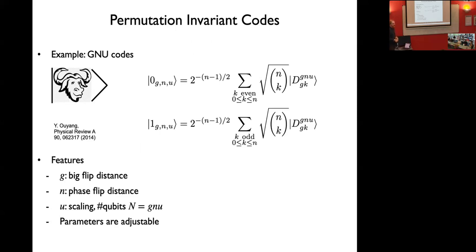These codes were first introduced by Mary Beth Ruskai back in the early 2000s. And there's been some work since then. Just one of the examples here was studied by Yingkai Ouyang. And these are called gnu codes. That's the gnu symbol from LaTeX.